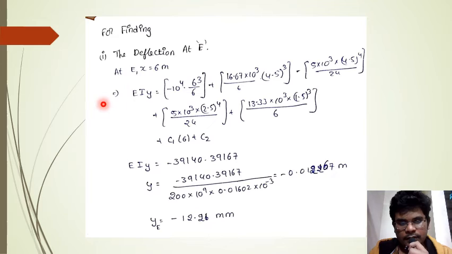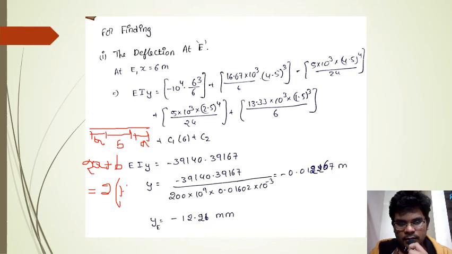At E, the length of the beam is 1.5. Since the beam is like this is A, and then B, and then A plus B, 2A plus B, that is equals to 2 into A is 1.5 plus B is 3.